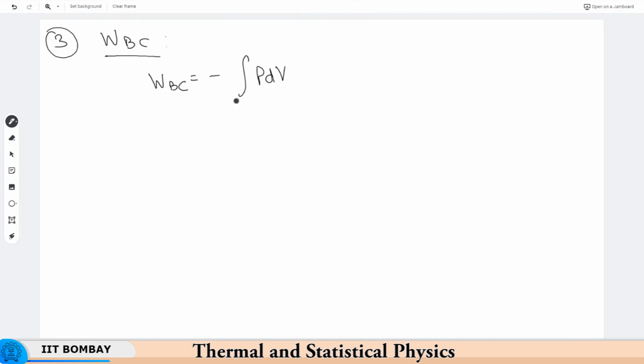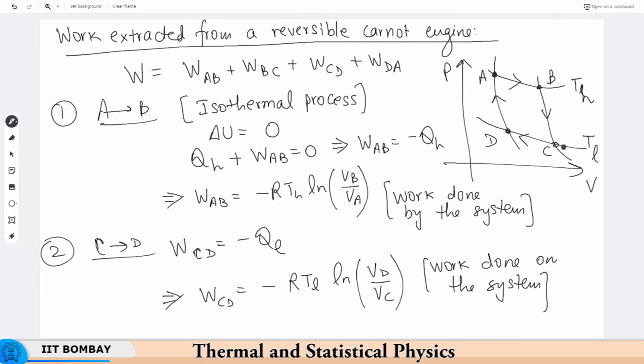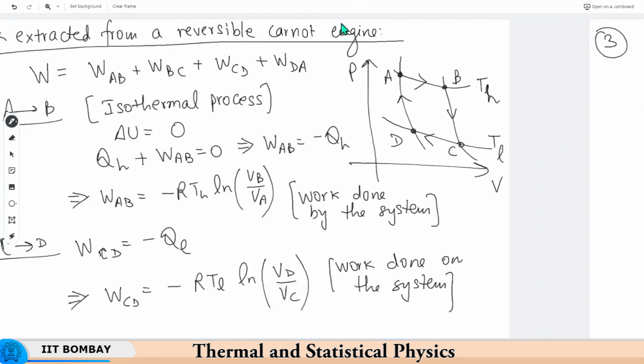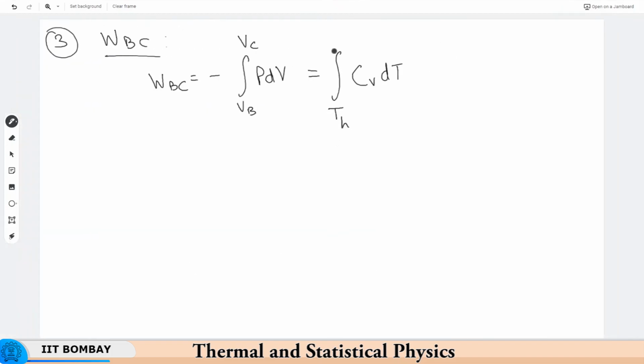From the last class if you remember, we wrote this as the integral of CV dT, where now the temperature goes from TH to TL, and this is R divided by gamma minus 1 times TL minus TH, and this is for 1 mole of ideal gas.